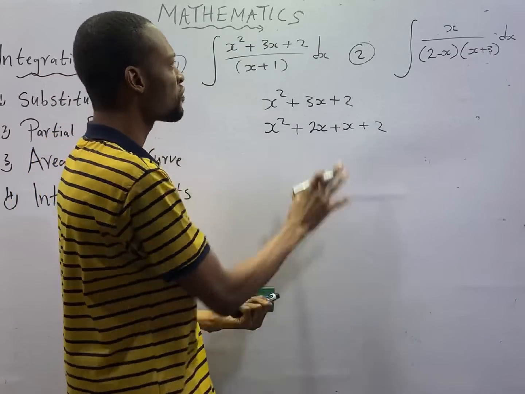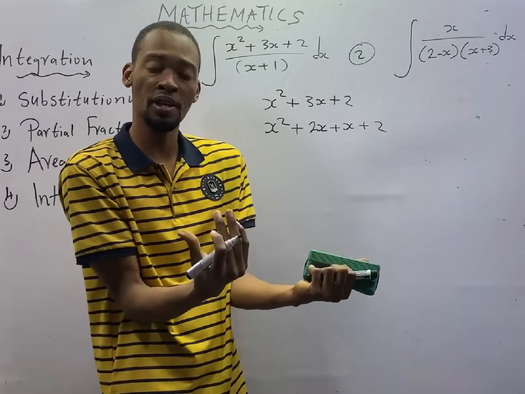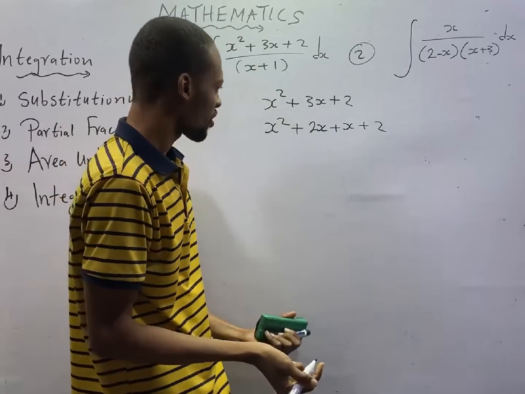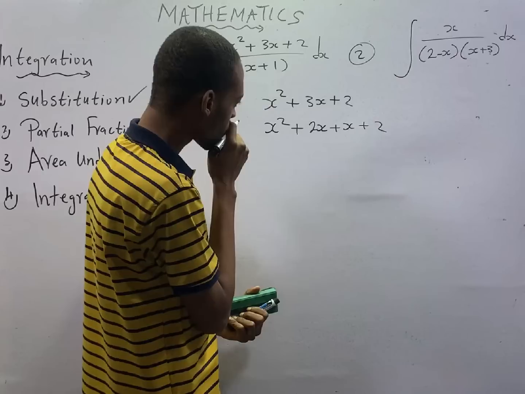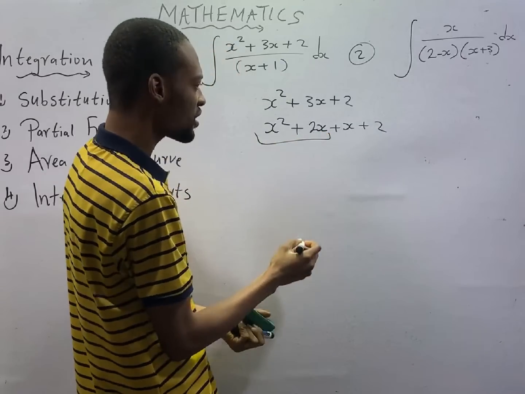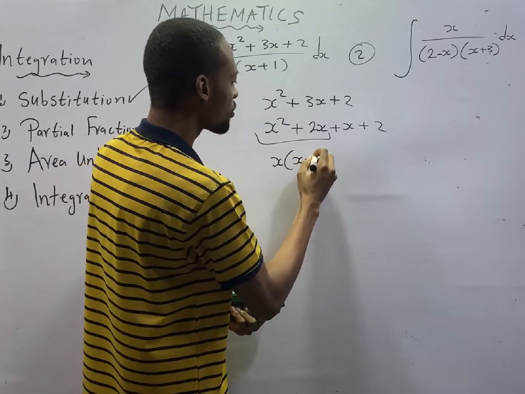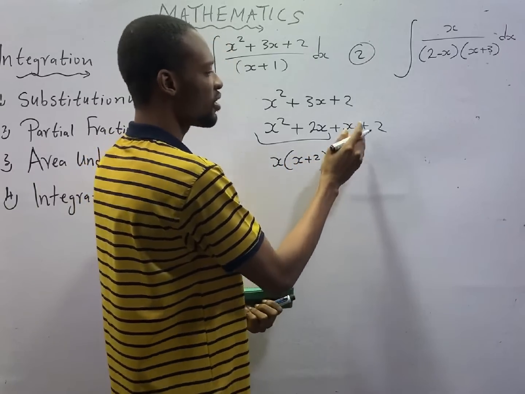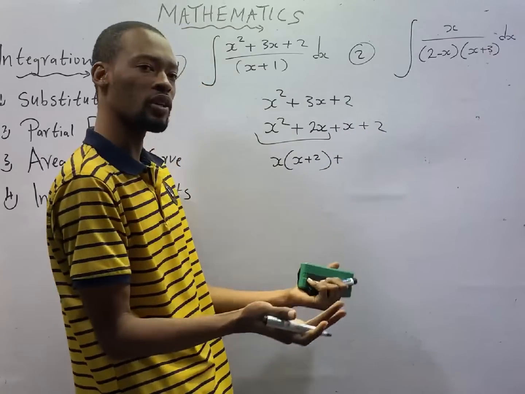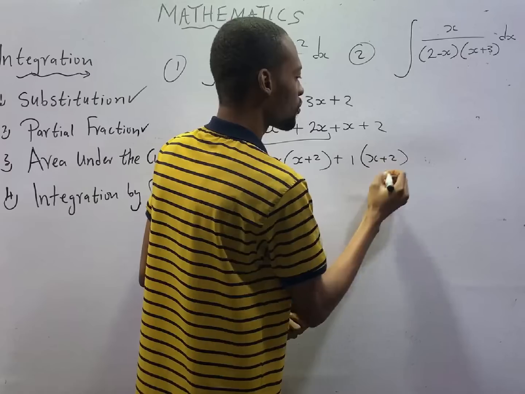Anyway, you are able to factorize the numerator, so long as you get the same answer with me, you are correct. From here you have s in common, so s plus 2, plus here and here they have 1 in common. So 1 times s plus 2.